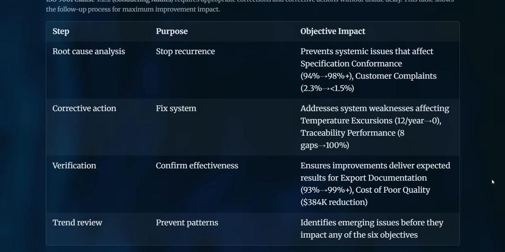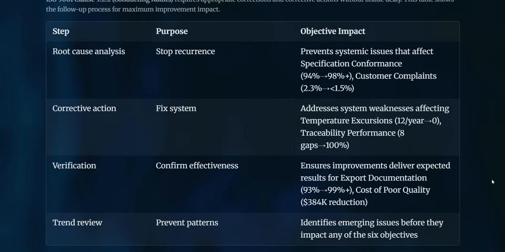The second step is to apply corrective actions. The purpose of corrective actions is to fix the system. Objective impact includes addressing system weaknesses affecting temperature excursion elimination and traceability performance improvement.